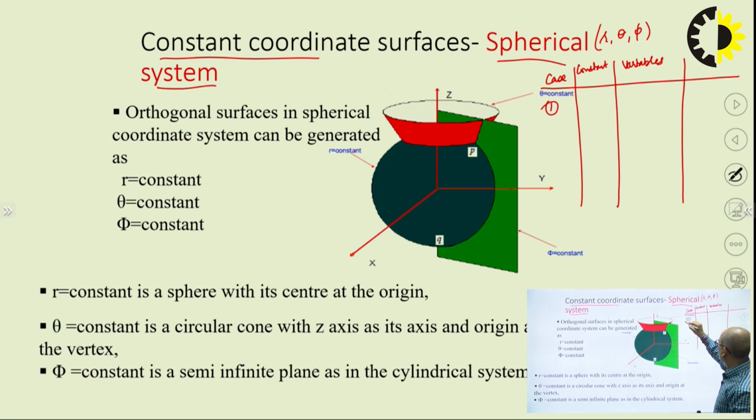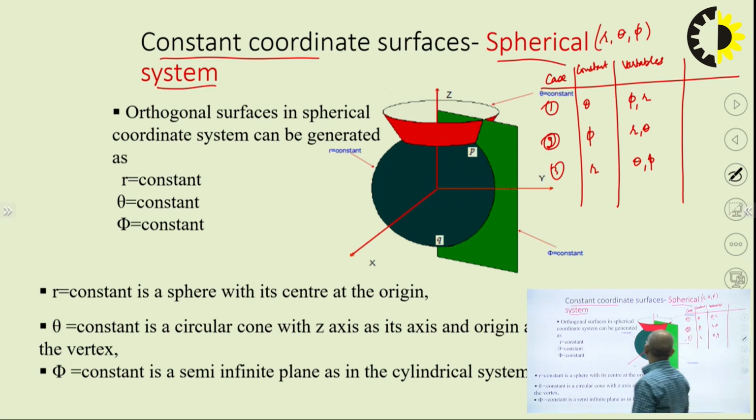Case 1: when theta is constant, the variables will be phi and r. Second case: when phi is constant, r and theta are the variables. Third case: when r is constant, theta and phi are the variables.